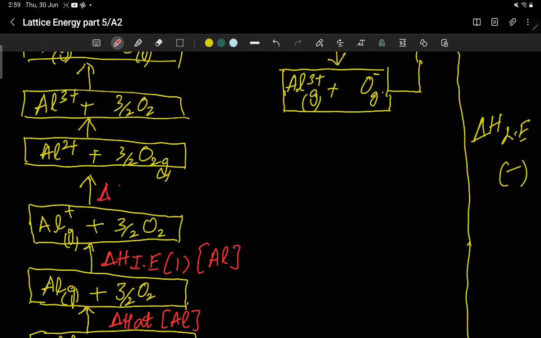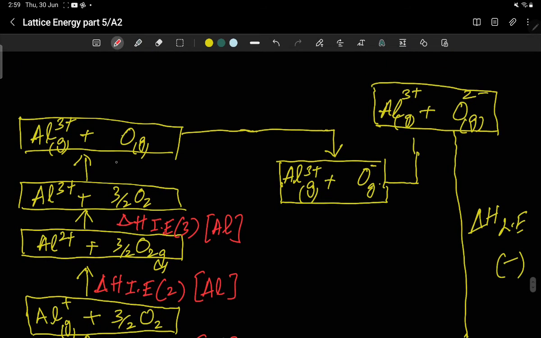This is delta H ionization energy 2, changes aluminium to 2 positive. This is delta H ionization energy 3, third ionization energy of aluminium.